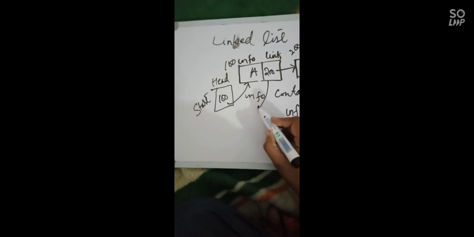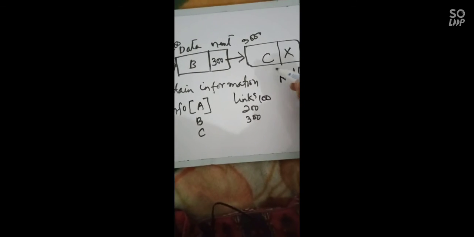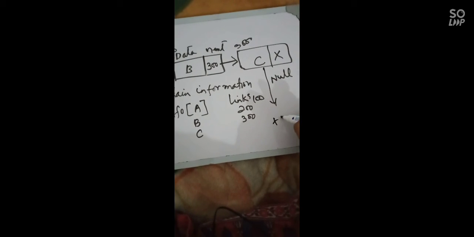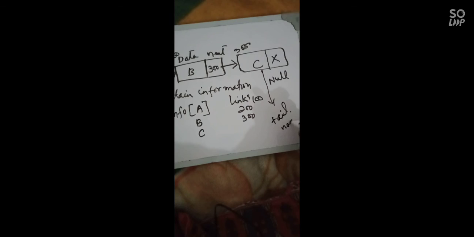This is the head node and this one is a tail, right? Tail node. We call it a tail node. So this is the structure of the list and it is maintained in memory likewise, right? Okay, in an upcoming lecture we will discuss operations on the linked list.